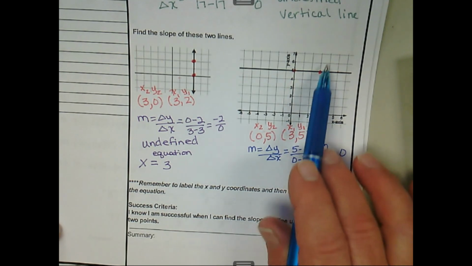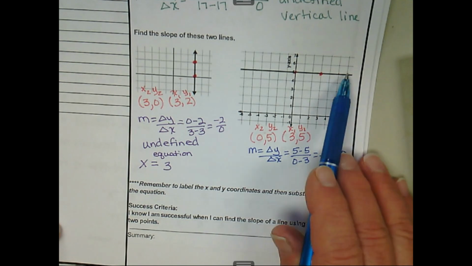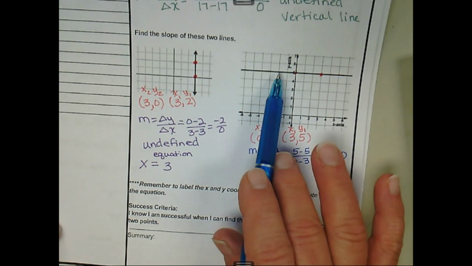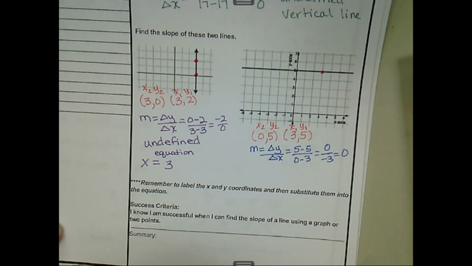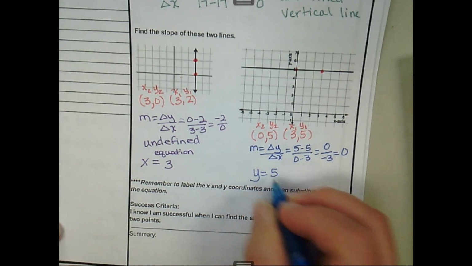This one is 3, 5. 5, 5. 6, 5. Negative 2, 5. What value never ever changes? The y value. So in this case, y will always be equal to 5.